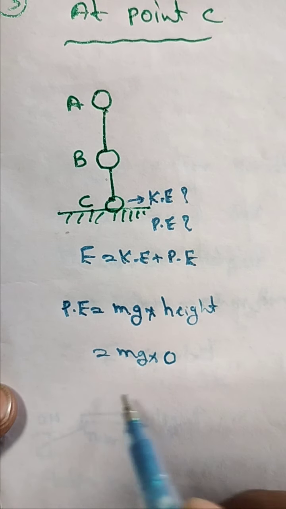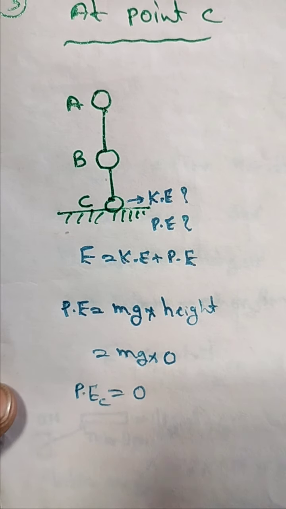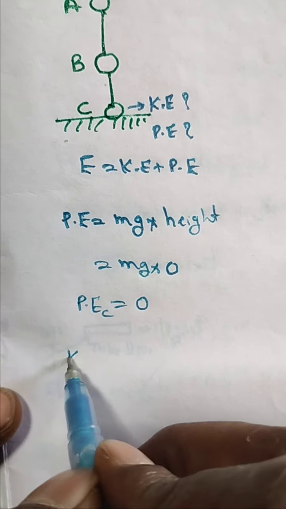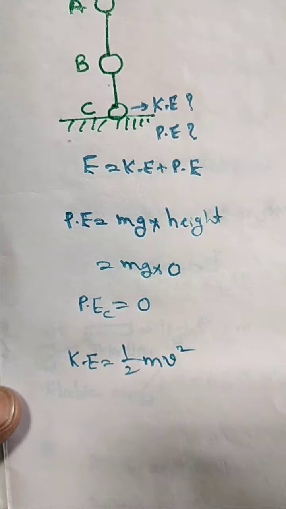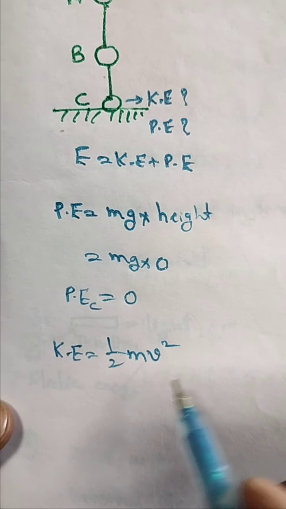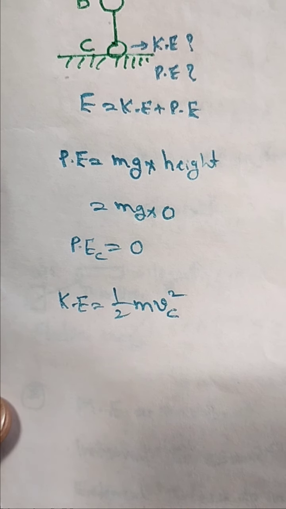There is no height, so mg into 0, the potential energy at C is equal to 0. But what is the kinetic energy? The kinetic energy is equal to half mv square. The ball is reaching at this point, so I am taking the velocity vC. The ball is freely falling, the same case.